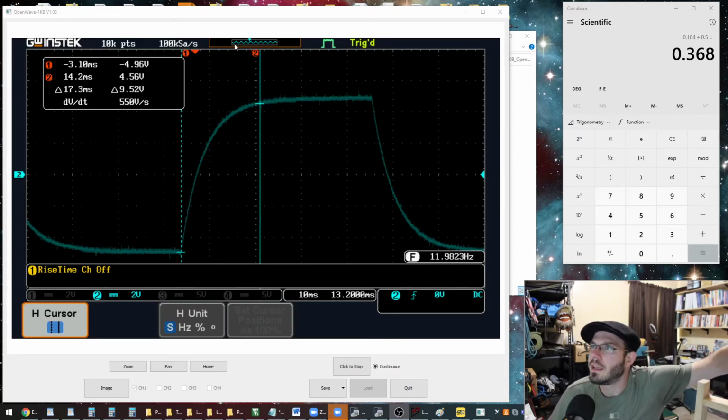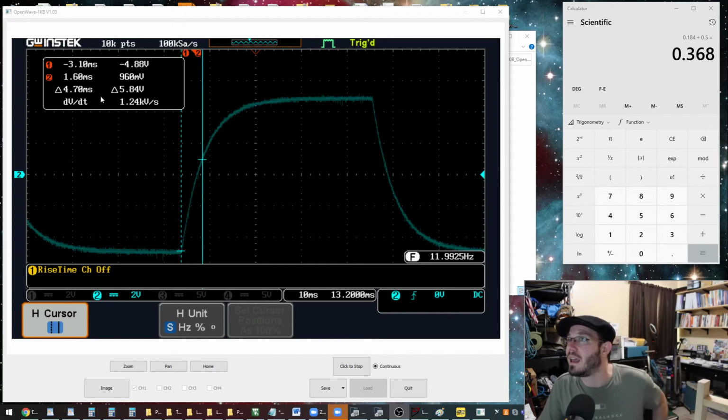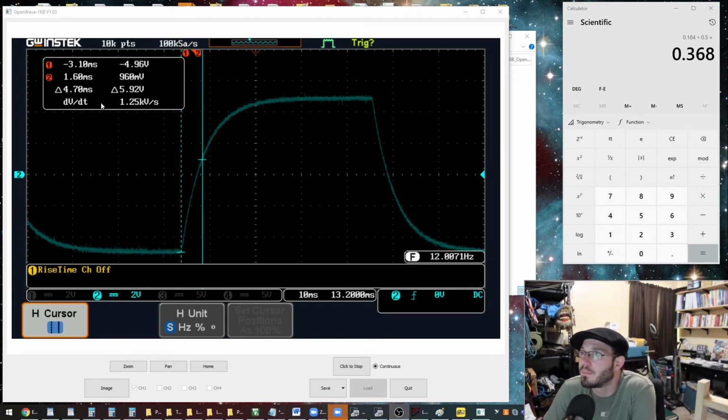So what I'm doing is I'm looking over here at the left, and the delta time is the difference in time between the first cursor and the second cursor. So if I change this such that my delta says 4.7, I should be at that first time constant. Come on. 4.8? That's close. 4.7. Okay, that's my first time constant.